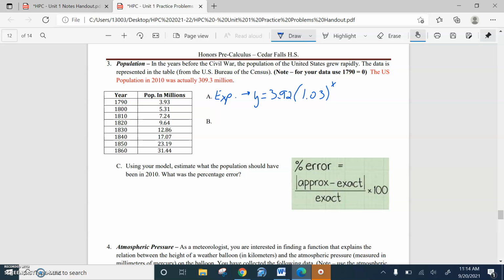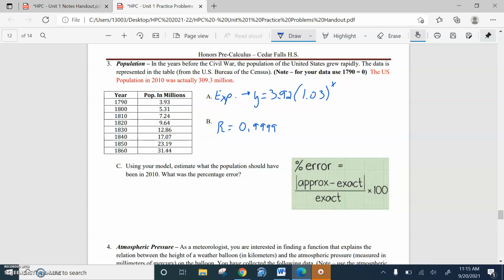For B, the reasoning is the R. Remember we have to take the square root of the R squared value in Desmos, but if you do that, the justification in B as to why we chose that is the R is 0.9999, the highest R value.